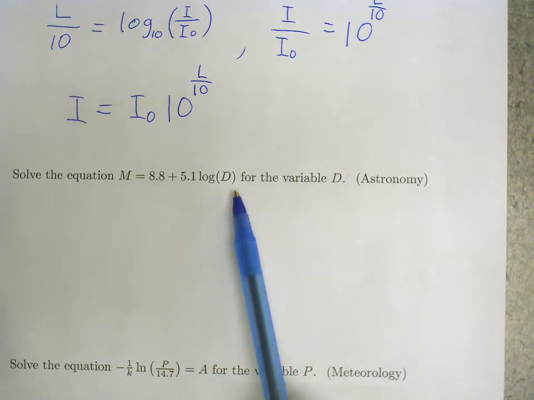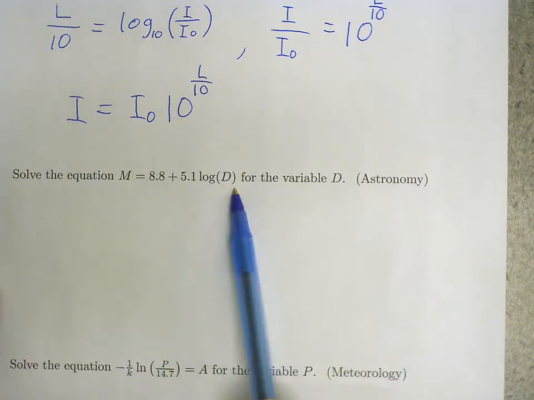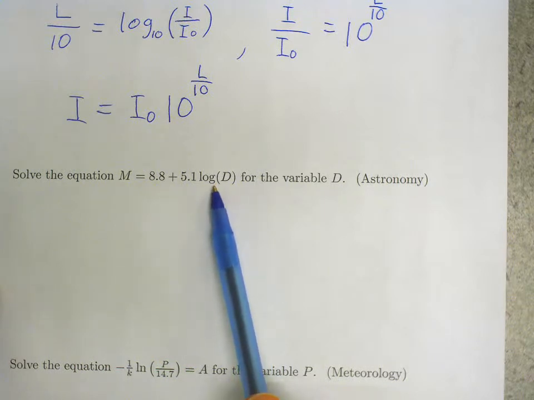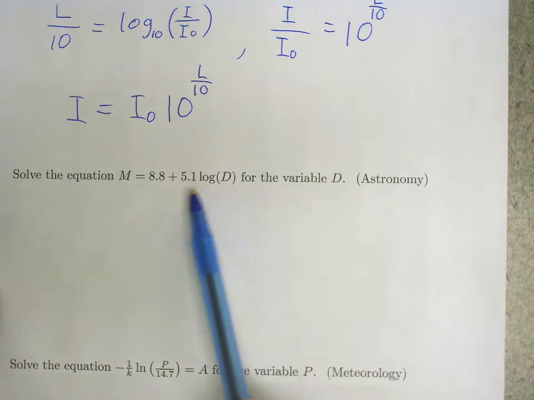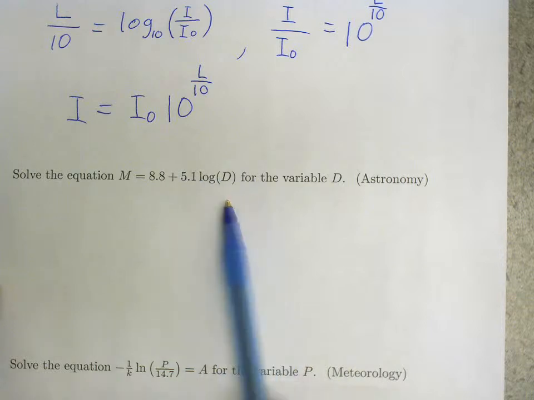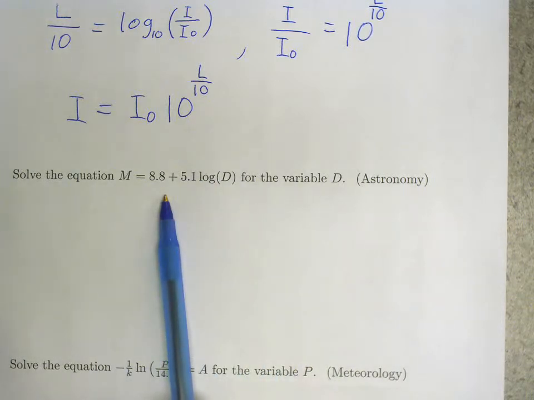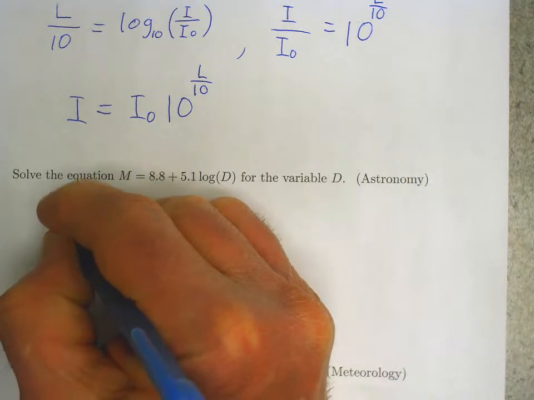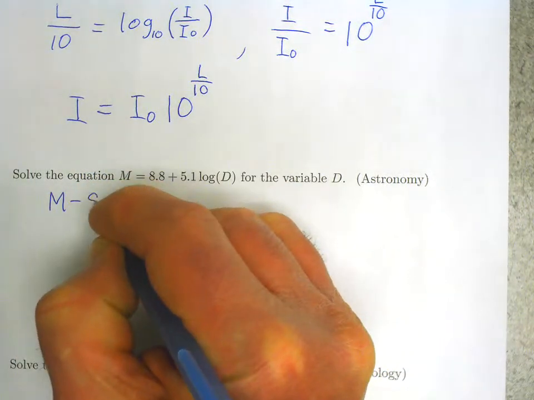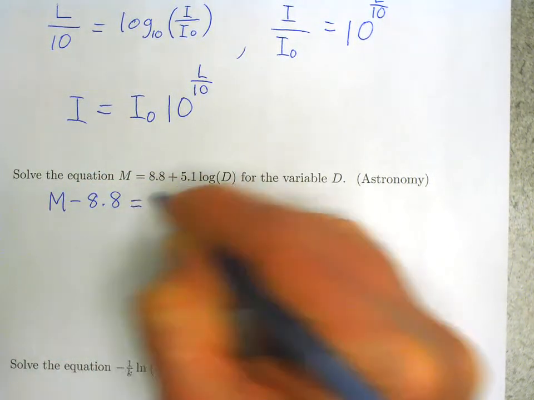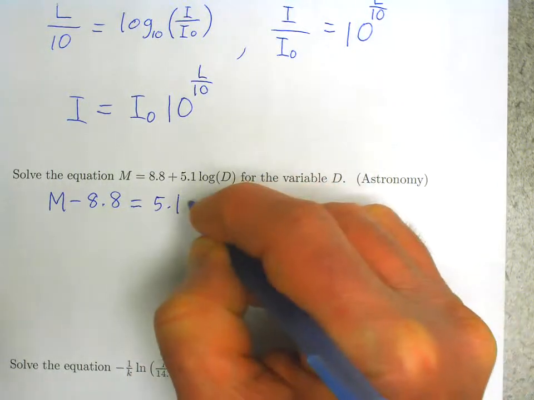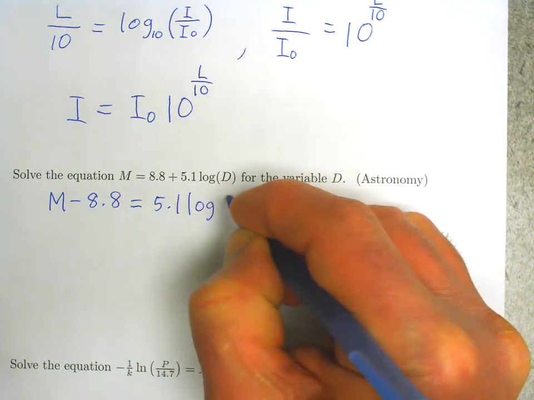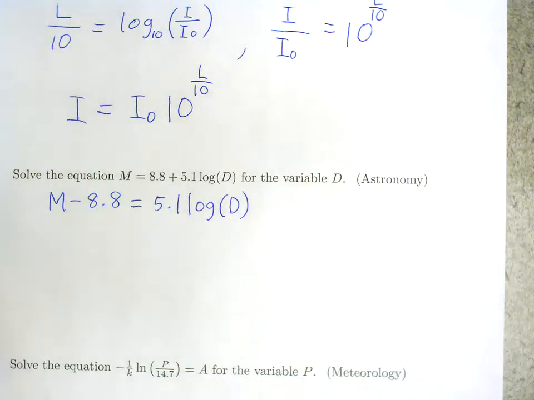So to solve for capital D, we see that it's in the argument of this base 10 log. So first we isolate the base 10 log. We have to subtract 8.8 from both sides first. So M minus 8.8 equals 5.1 times the base 10 logarithm of capital D.